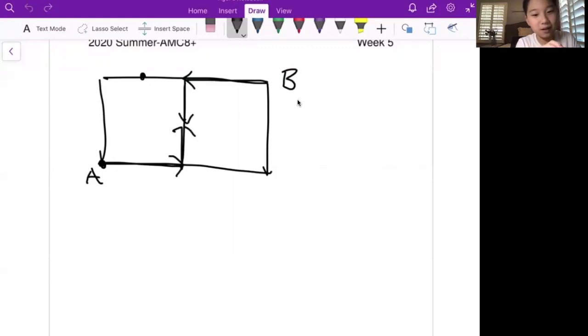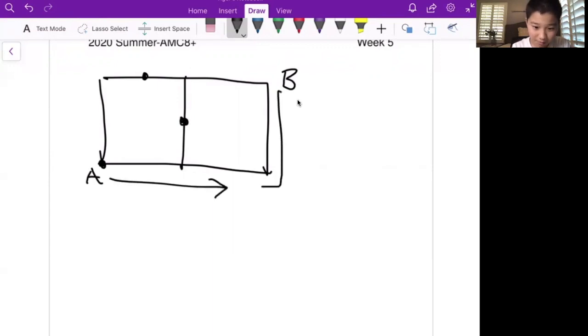Okay, let's mark. I accidentally undid that one. And then similarly, what if Alice went there and Bob went there? Yeah. So they would meet at the center there.